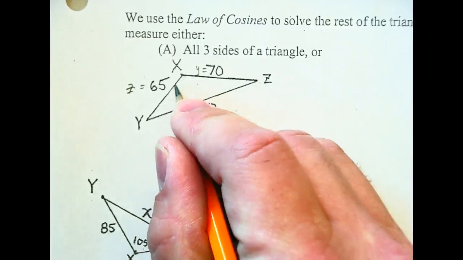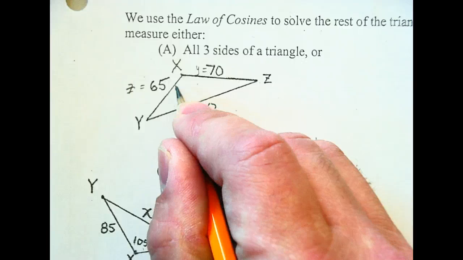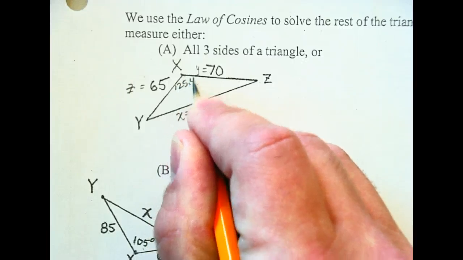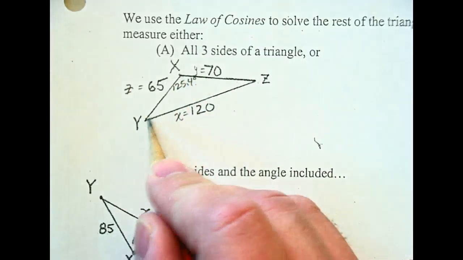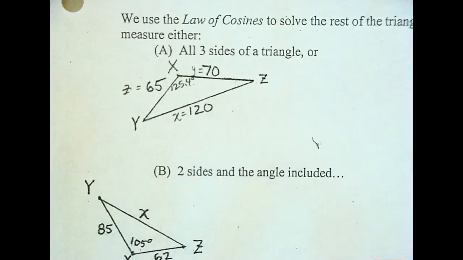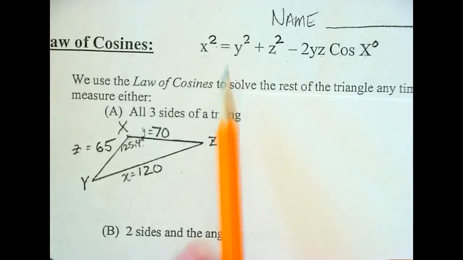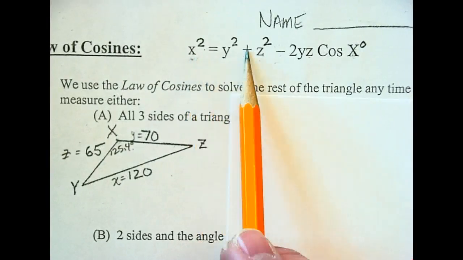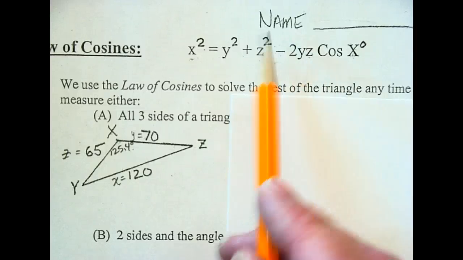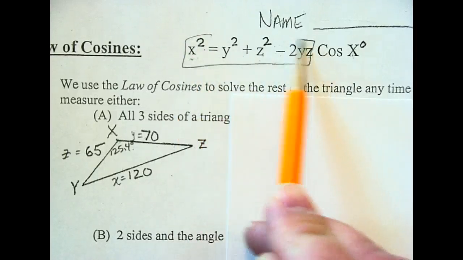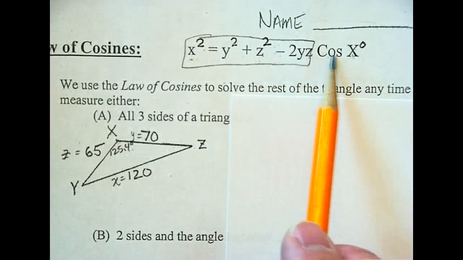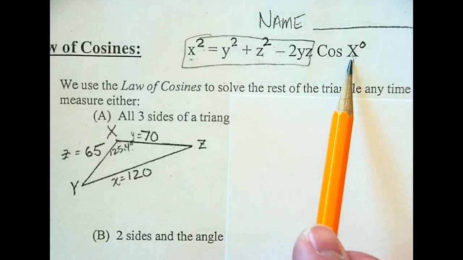Oh, sorry, what's this? X. 125.4. So we still have to find y. Notice we were able to find x because we knew sides x, y, and z, and the rest of this equation had x, y, and z in it. The only unknown was angle x.